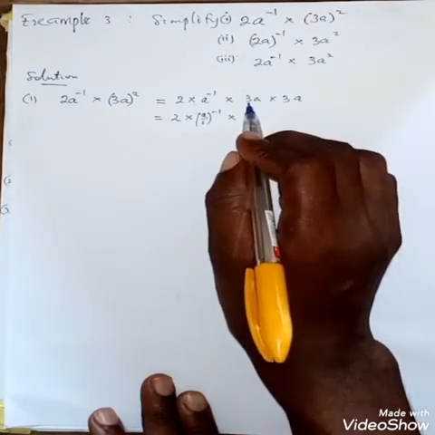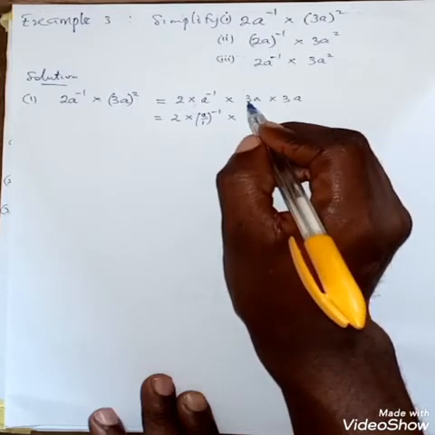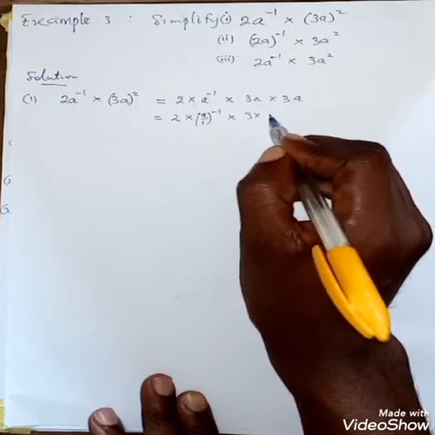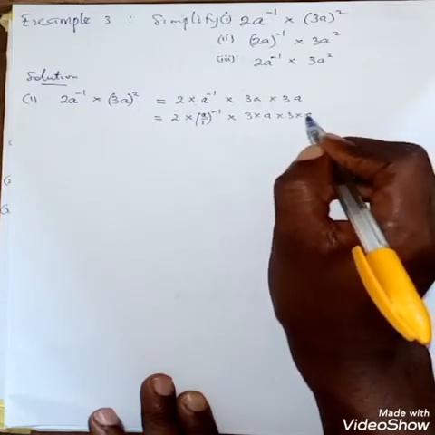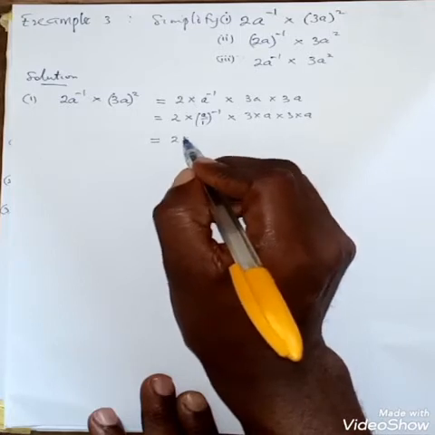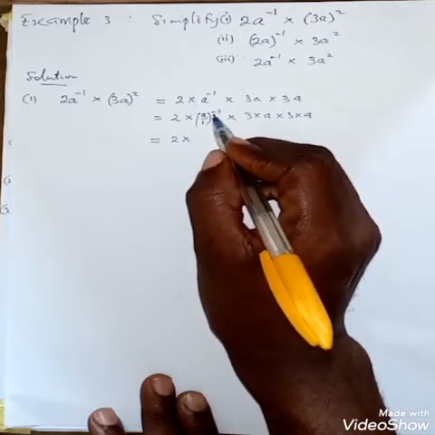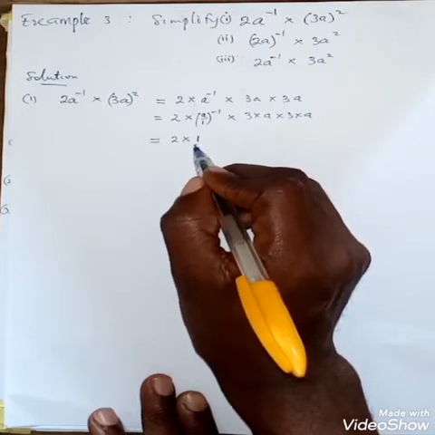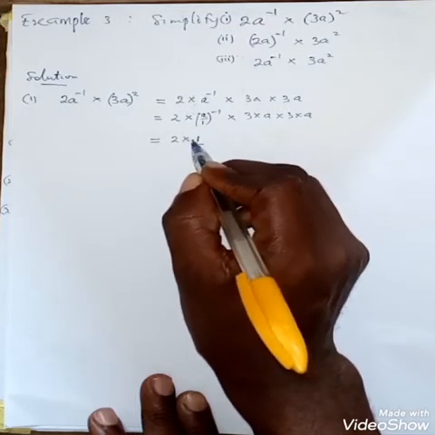so in this case, it is advisable I split the coefficient as well as the base which I have here, 3 times a times 3 times a. And that can as well be written as 2 times, for me to eliminate the negative sign now means 1 will come up and a will go down here.